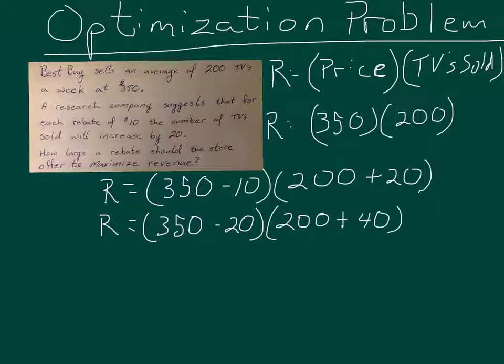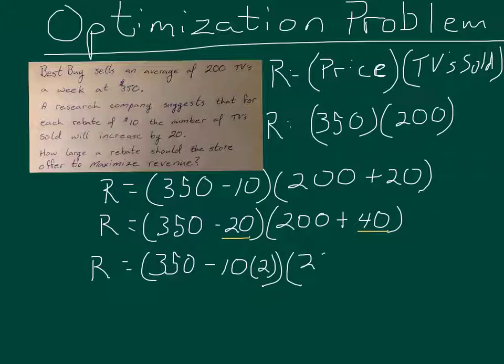Well, let's look at those two numbers, this 20 and this 40. That really comes from making a change of 10 two times. The 40 was making a change of 20 two times.